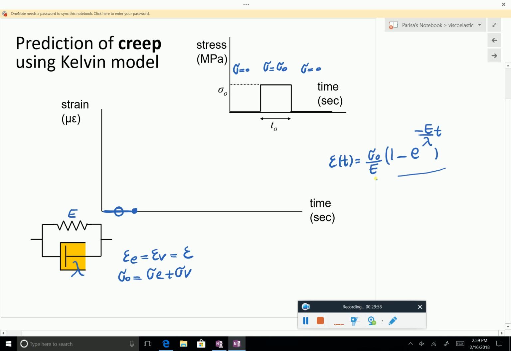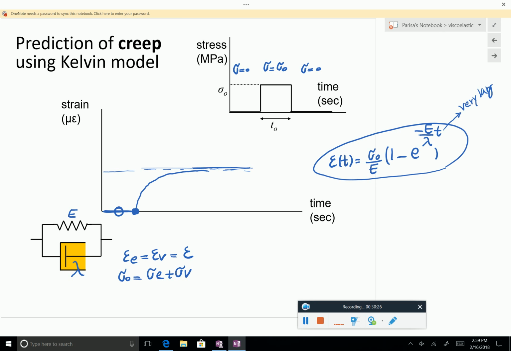And if you think in the very beginning it's 0, and then it's going to increase, and if you really wait a long time, when t becomes very, very large, this becomes 0. So it approaches sigma 0 over E at a very long time.